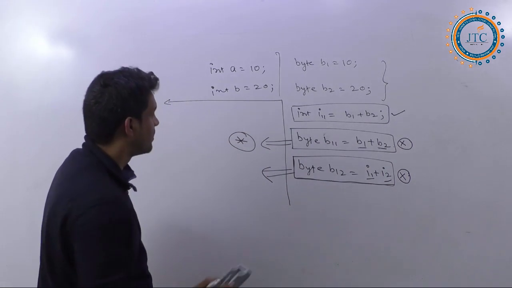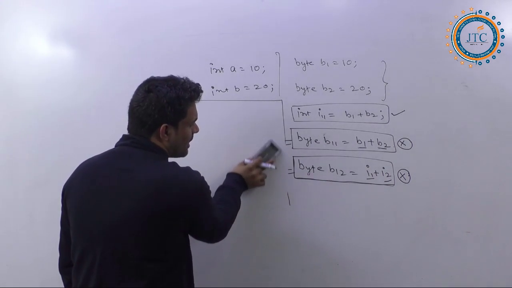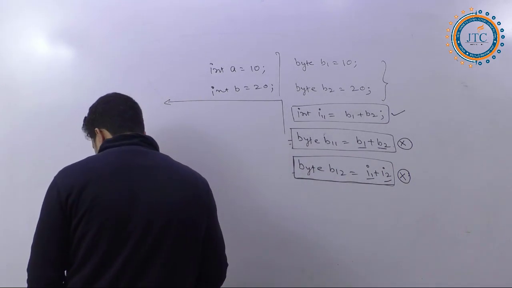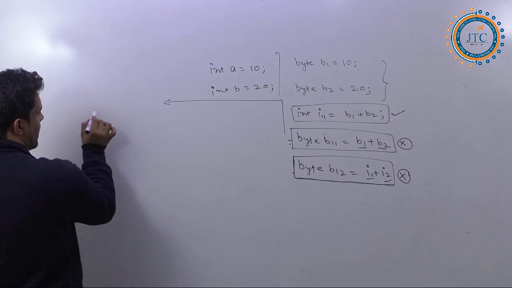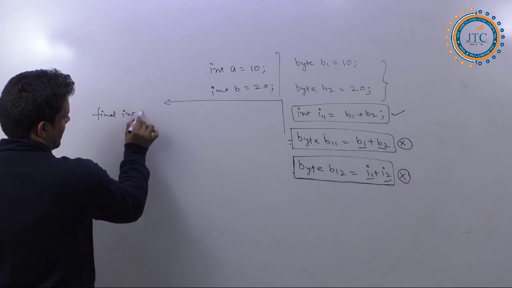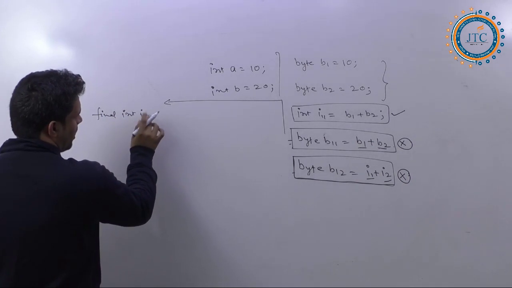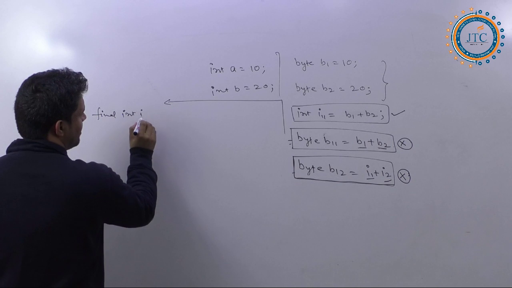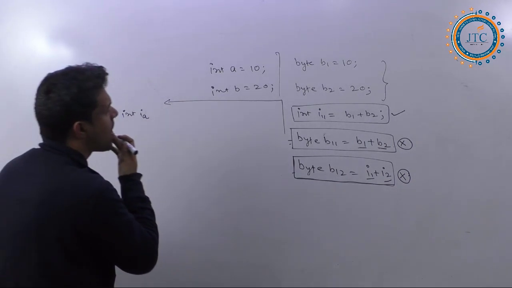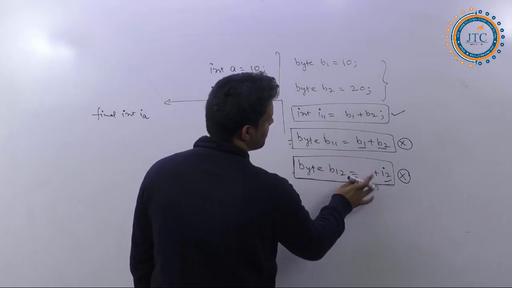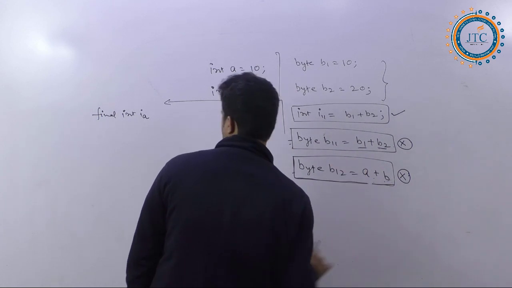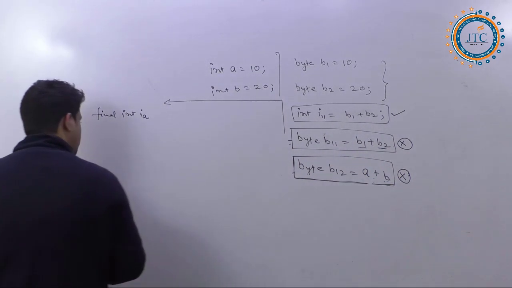In another form, let me come to the other things here. If in case I am writing here final int of I11, or let's say A, here you need to write A plus B, because there is no variable which I have declared with this name.